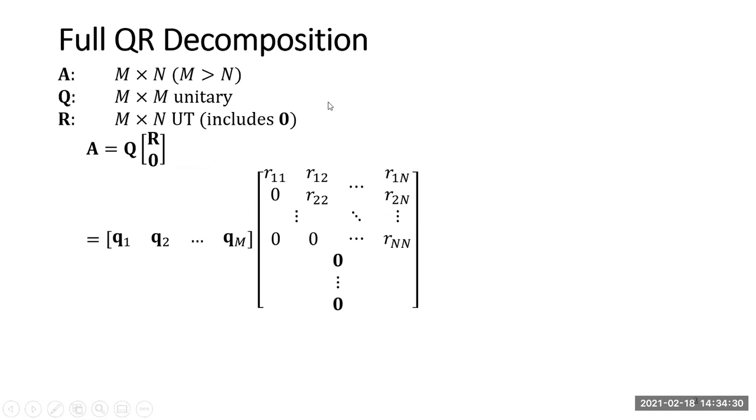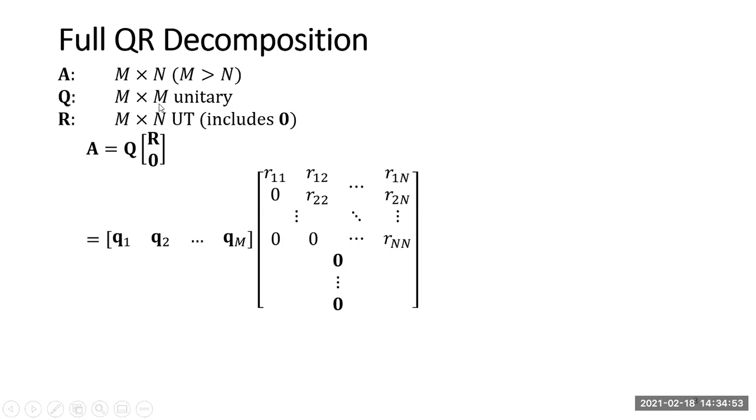Okay, so now we have a matrix M by N. The number of rows is more than the number of columns, so this is a tall matrix. Then we will factorize A into this form: Q and R0.